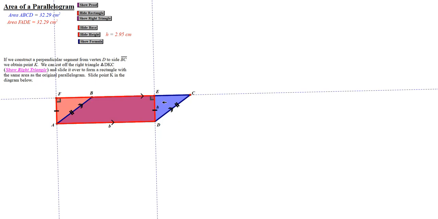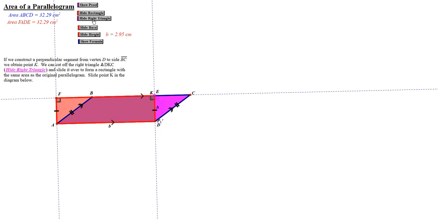Well, we have to prove that these are the same. So basically the area, if it's true, is this base times this distance here, which is the height of the rectangle, and we'll call that the height of the parallelogram, the distance between these two parallel sides, when you're thinking of one of them as being the base.